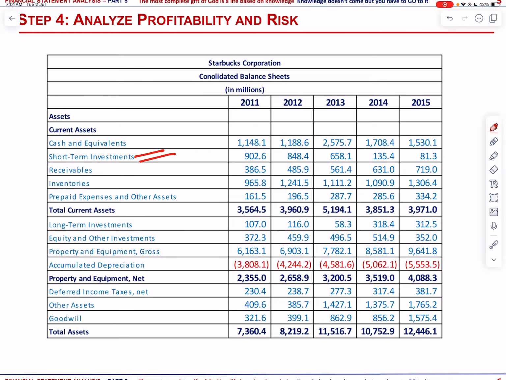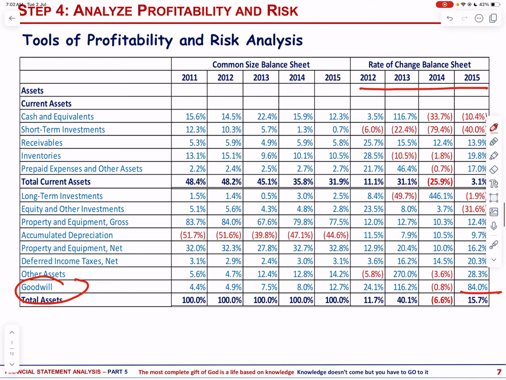They decreased from 135.4 million in the year 2014 to 81.3 million in 2015, a 40% decline. However, a large percentage change in an account that constitutes a small portion of total assets may not carry as much significance as a smaller percentage change in an account that represents a larger portion of total assets or financing.